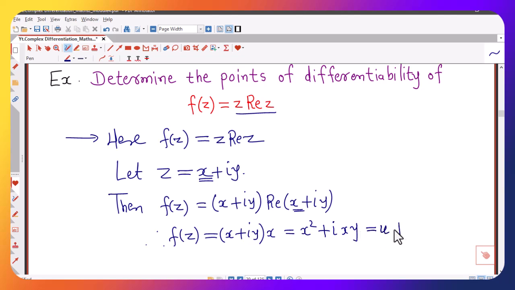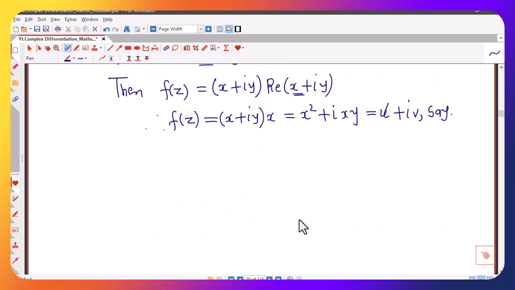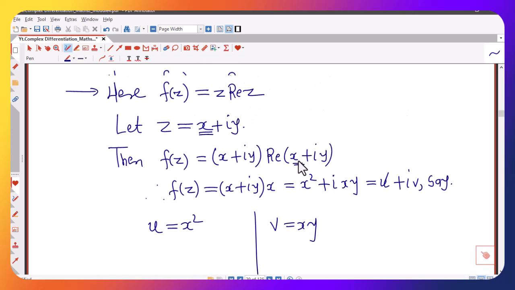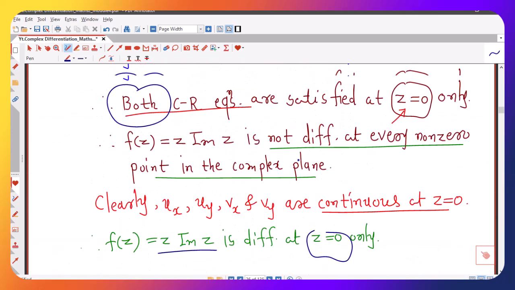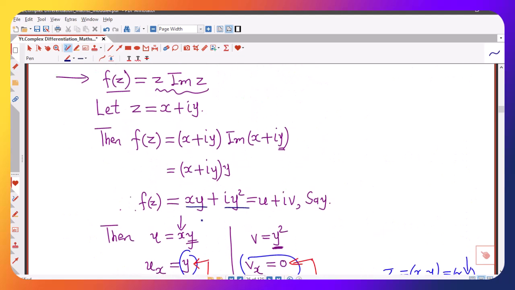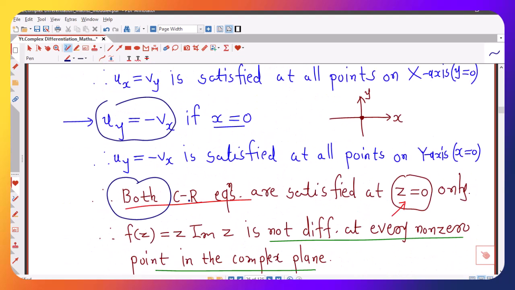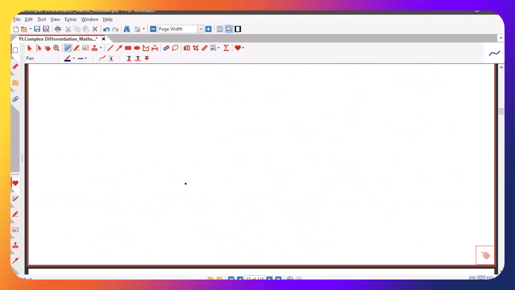If we compare with u plus iv, then we have u equal to x square and v equal to x into y.